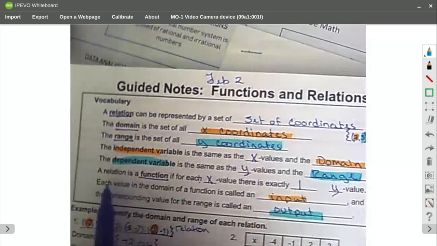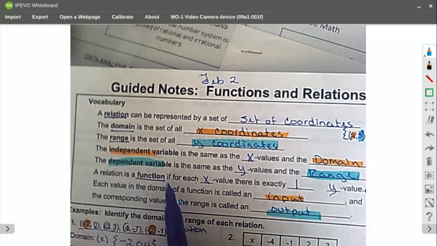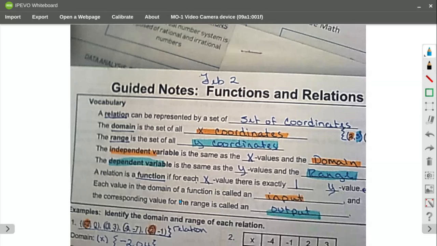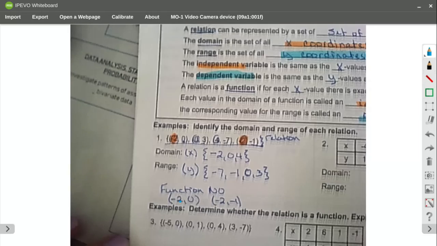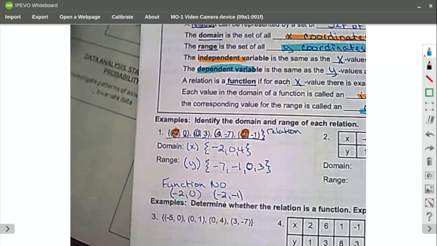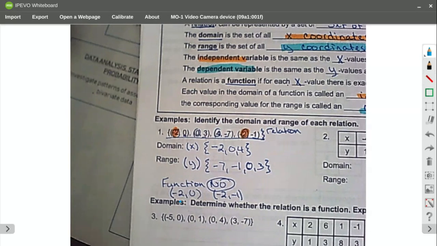And remember, a relation is a function if for each x value, there is exactly one y value. Well, in this relation, this -2 has 2 different y's. So the -2 is repeating, so it is not a function.